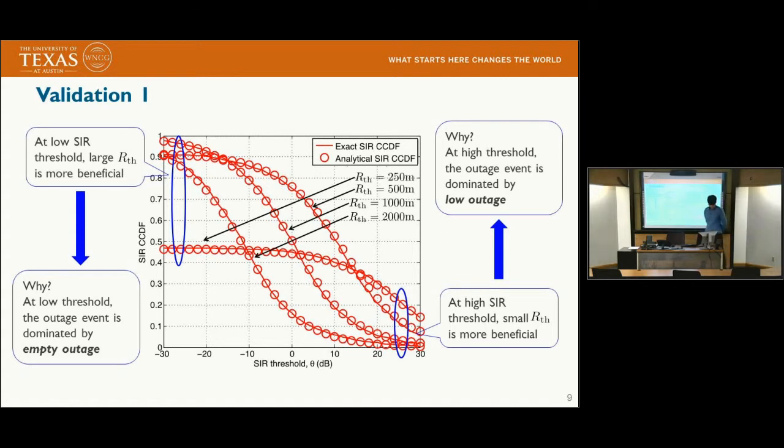This is because the outage event at the low SIR region is dominated by the empty outage event. On the contrary, at the high SIR threshold, the small selection threshold is more beneficial, as you see in this regime, because the outage event is dominated by the flow outage event in this case.